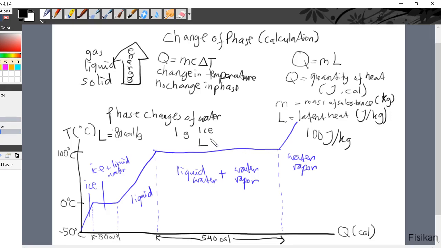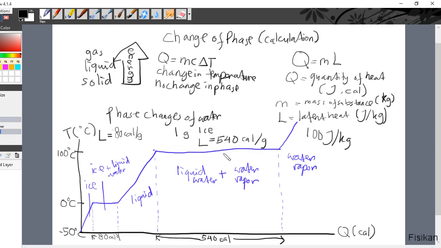Therefore, the latent heat of vaporization for liquid water to water vapor is 540 calories per gram.